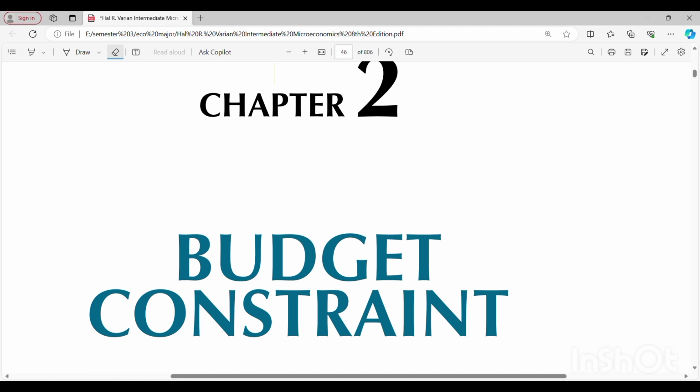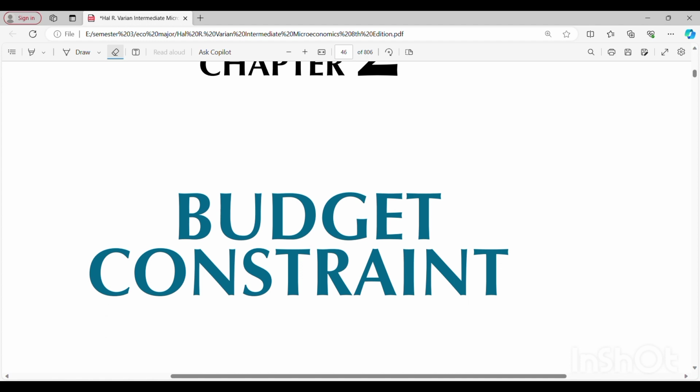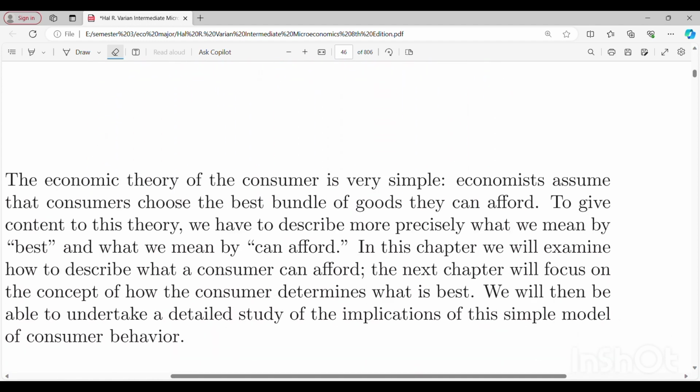Here the words "best" and "can afford" have huge meanings from an economic perspective. This chapter is devoted to describing what a consumer can afford, and the next chapter, preferences, clarifies how the consumer determines what is best.